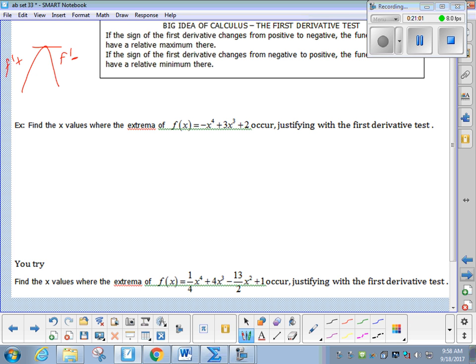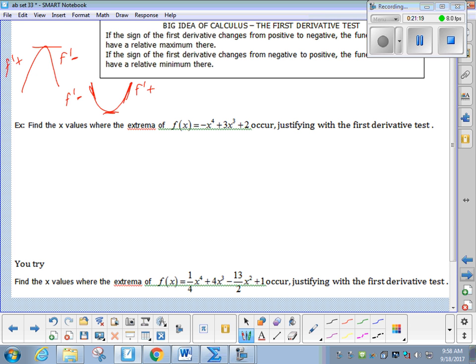Without a calculator, I can find that maximum. Or if I can find a place where the derivative goes negative, then positive, then I just found a minimum to the function, and I can justify that.